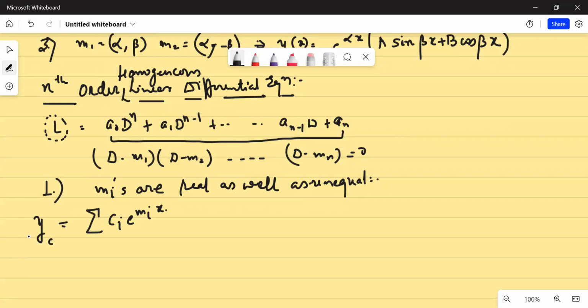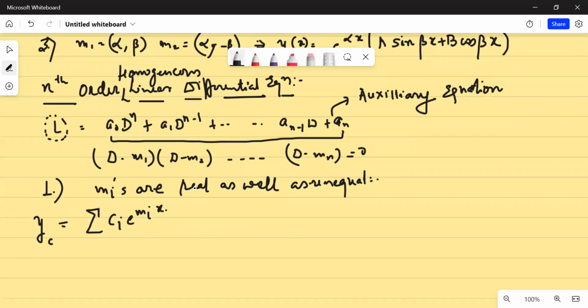The complementary function would then be equal to the linear combination of e to the power mi x, where the mi's are the roots of this particular auxiliary equation. This is sometimes referred to as your auxiliary polynomial or auxiliary equation. I hope it is clear till now.